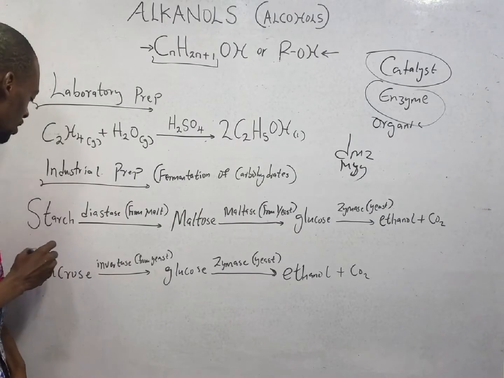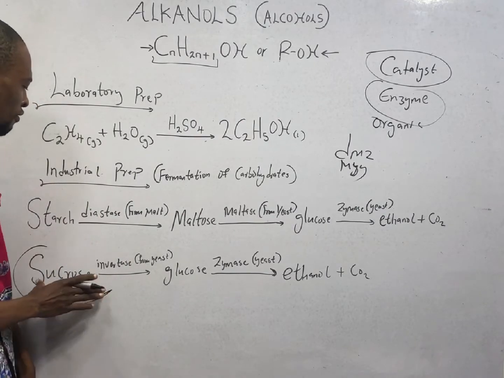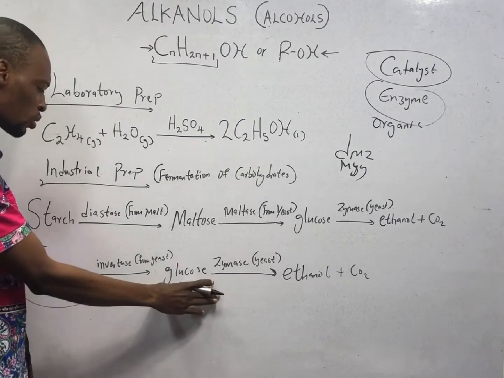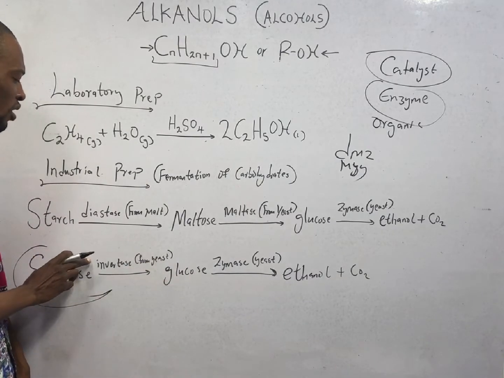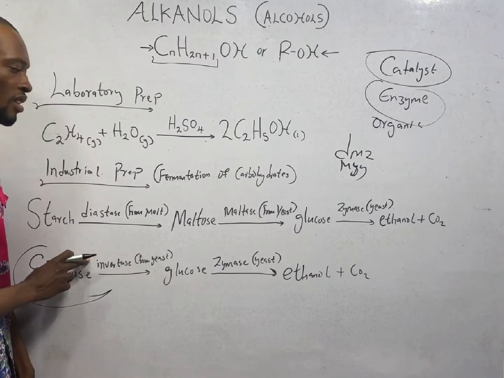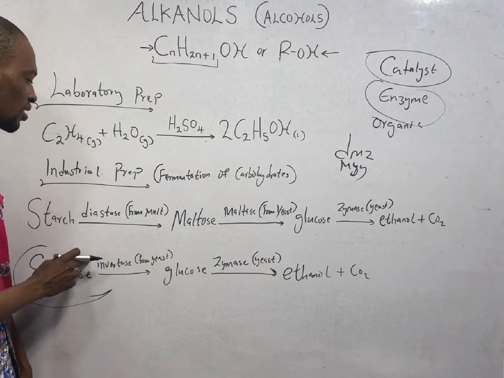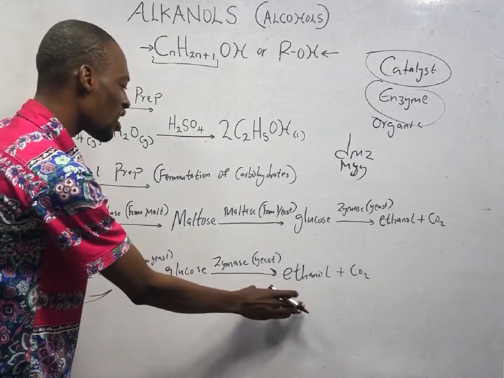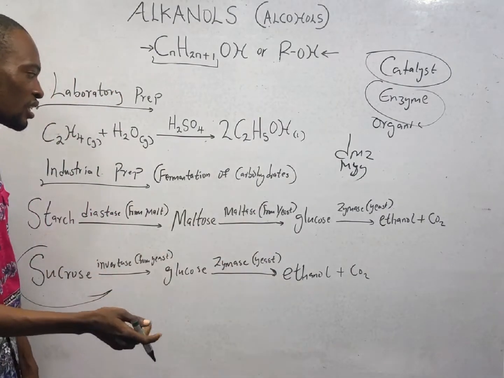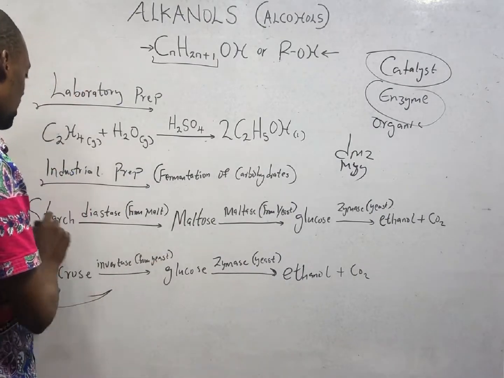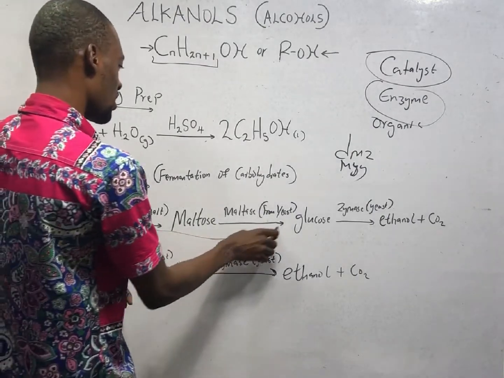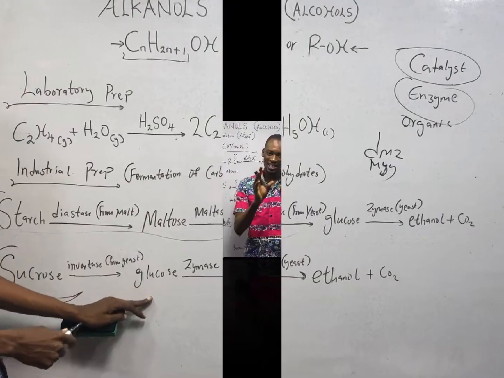From sucrose, you convert sucrose directly to glucose using an enzyme called invertase. Invertase is from yeast. Then from glucose to ethanol and water, zymase from yeast. Meaning, in this case, you are skipping a step and going directly to glucose.